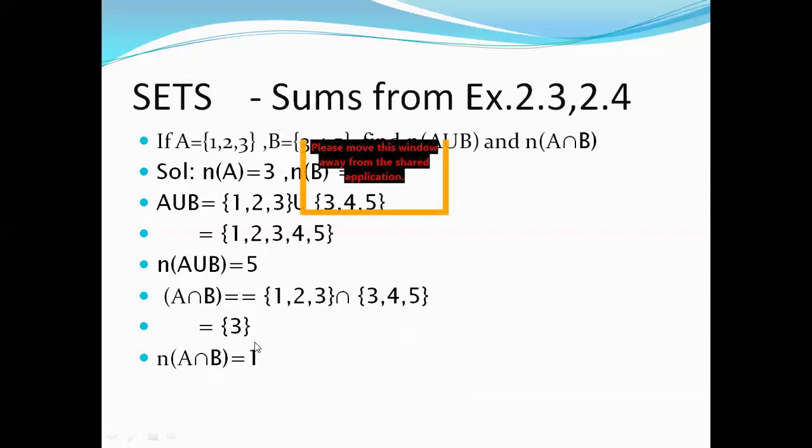Here 1 represents not the element, but the number of elements. This represents how many elements are there in A intersection B. So this is the cardinal number of A intersection B, or we can write it as n of A intersection B.